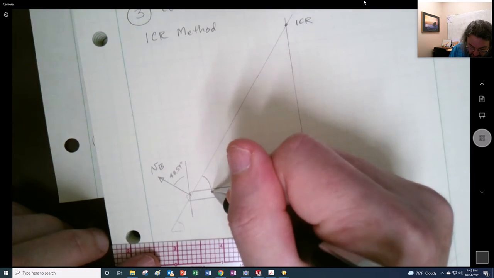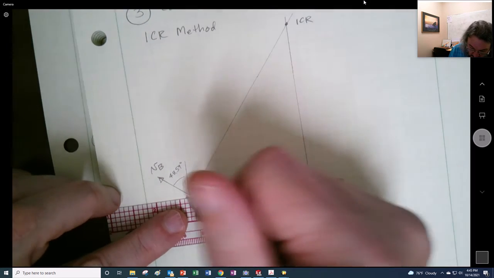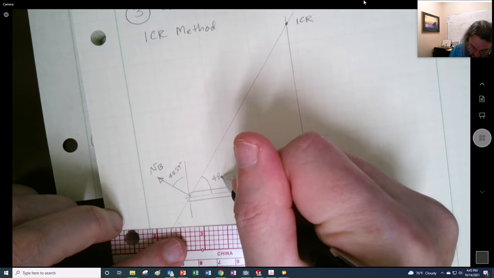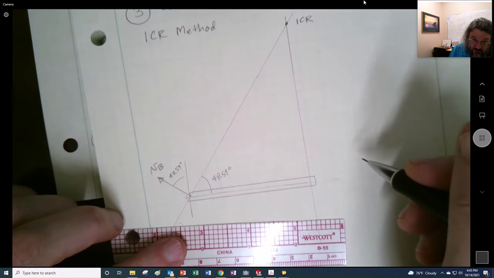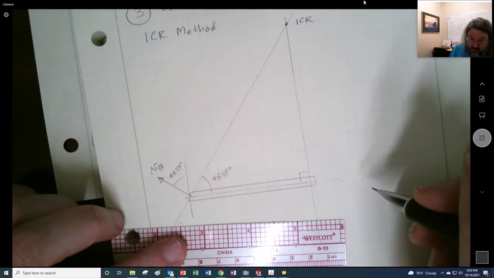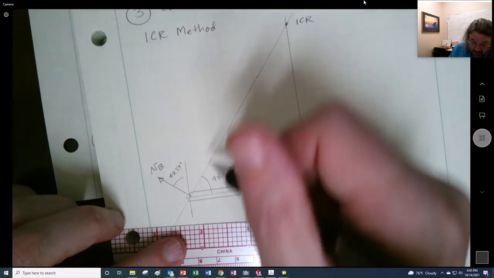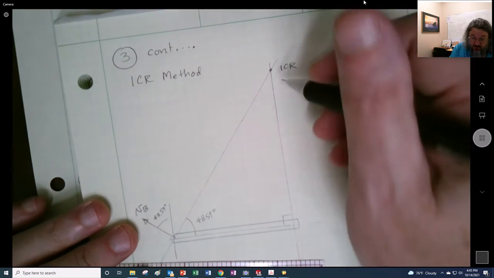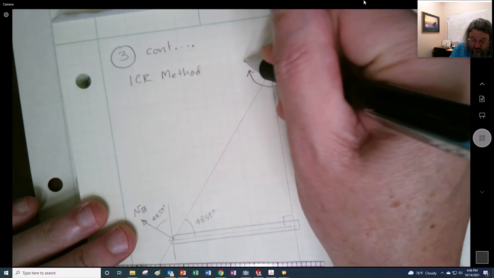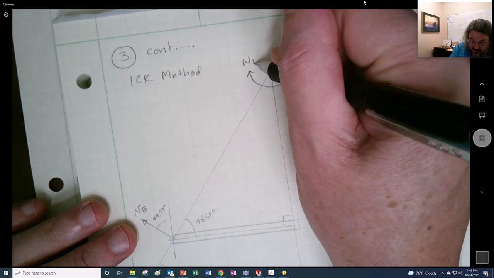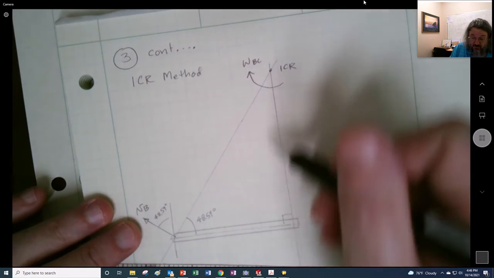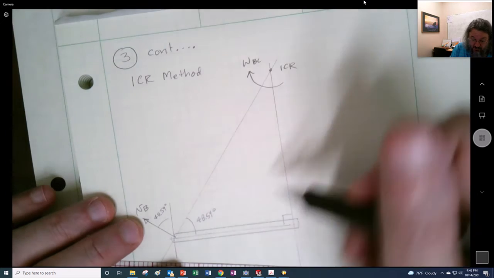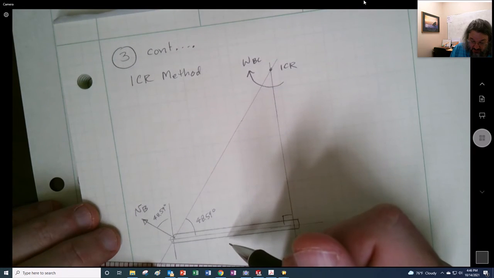So this is also 48.59 degrees right here. And this is a right triangle. And one thing we could do is we could find, oh, there you go. Here is omega, and this is BC, right? Because omega BC is the one that's rotating about this.